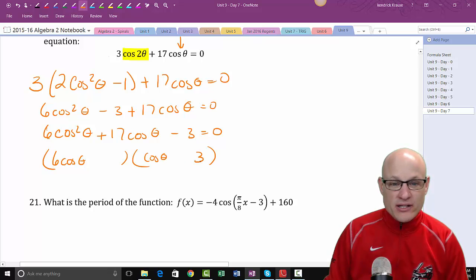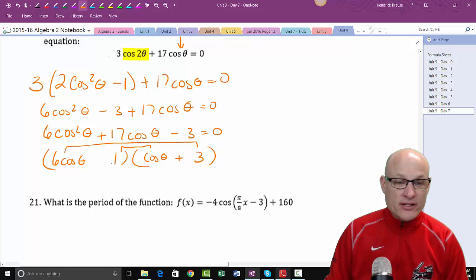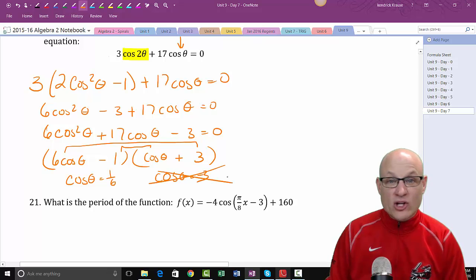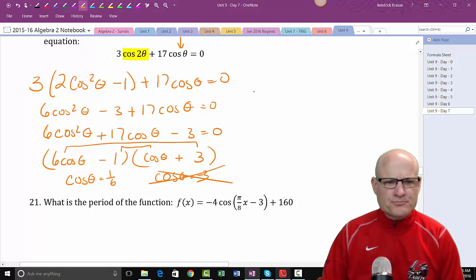I'm going to put the 3 here because that gives me 18. This is 18 right here. And this is 1. I want positive 17, so I'm going to be positive 18 and negative 1. So my two answers are cosine theta equals 1/6 and cosine theta equals negative 3. This one has to go because it can't be bigger than 1.